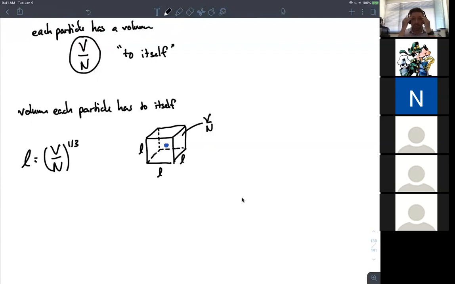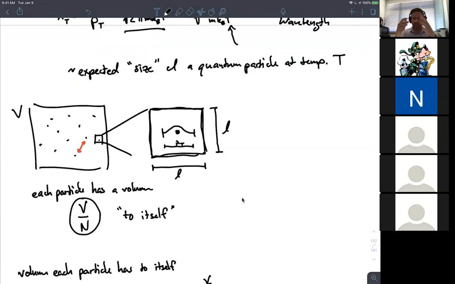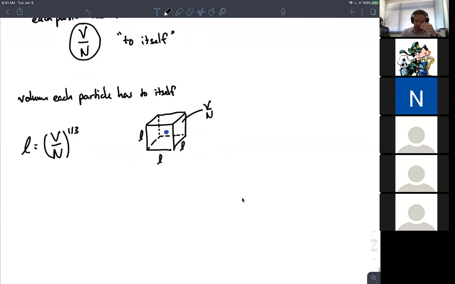Now what you might expect to happen is this. We said each particle has some finite size characterized by the thermal de Broglie wavelength. When the length scale corresponding to the size of the particle becomes on the same order as the length scale separating each particle in the box, the wavelengths of the particles are going to start to overlap with one another.